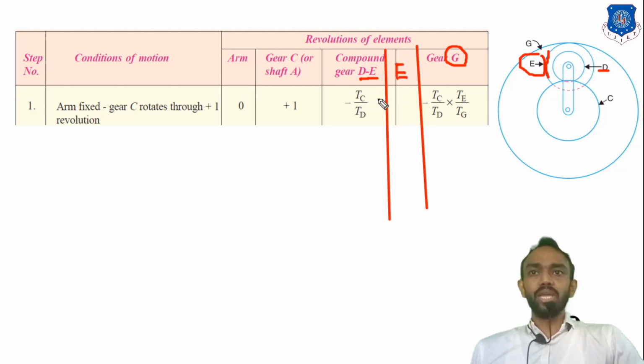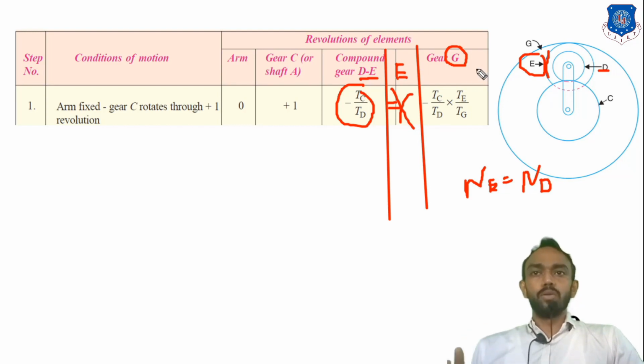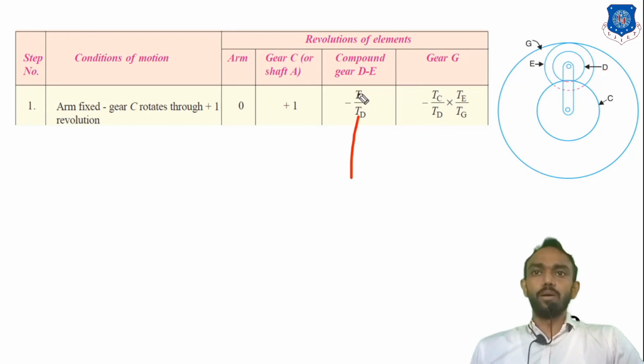But you know that the RPM of D will be the same as E because both are on the same shaft. We have written during the compound that RPM of D is equal to RPM of E. So we don't need to make another column for compound. Wherever the compound gear is there, for both gears there will be a single column. Whenever we talk about the RPM of D or RPM of E, for both gears the value will be this. Let's start for G.